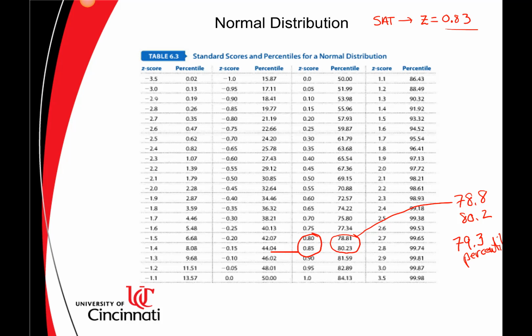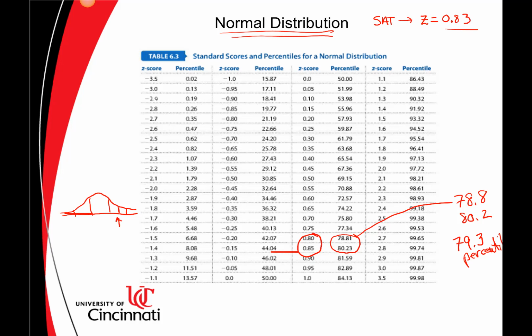If you look at a normal distribution curve, and remember, we are talking about normal distributions, it would say you're at the 79th percentile. Remember, 68 is here, 95 is like that, so 79 is close to 80, right about there.